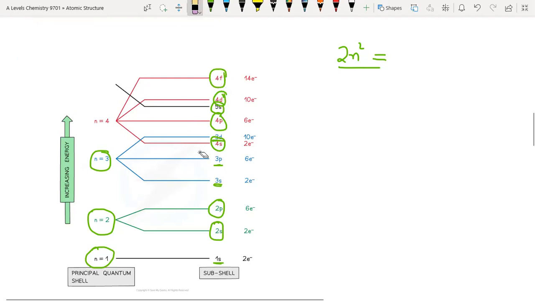This is the arrangement of subshells on the basis of their increase in energy.